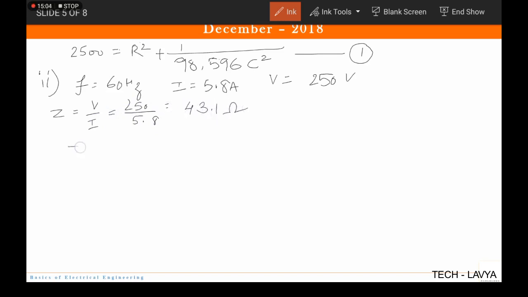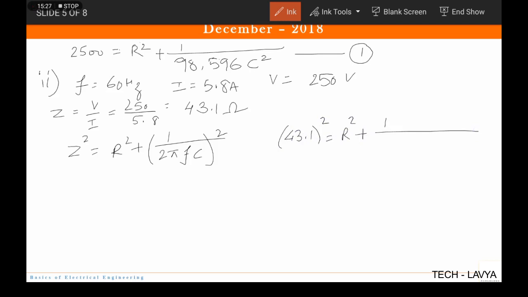So again we'll be using the same equation, squaring it on both sides. So Z squared is equal to R squared plus 1 upon 2 pi FC, whole squared. So I'll be placing the values. So it becomes 43.1 squared is equal to R squared plus 1 upon 2 into 3.14 into 60 into C, whole squared.